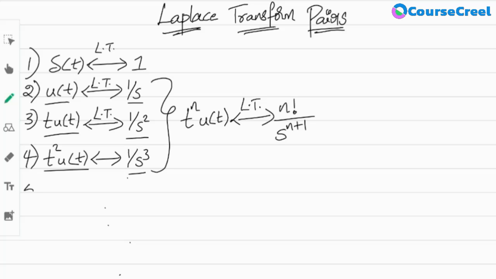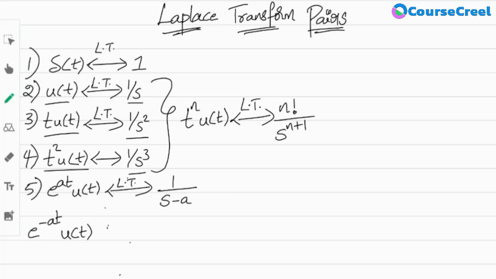Now we will see the Laplace transform of the real exponential function, that is e power at u of t. Laplace transform of e power at u of t is 1 by s minus a, and Laplace transform of e power minus at u of t, which is the decaying real exponential signal, is 1 by s plus a.